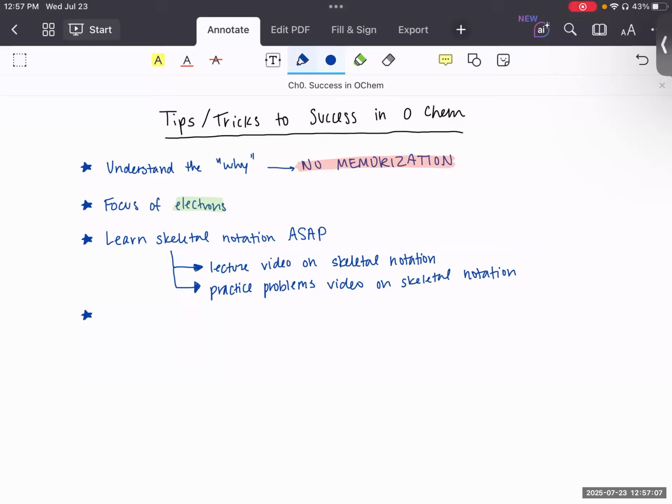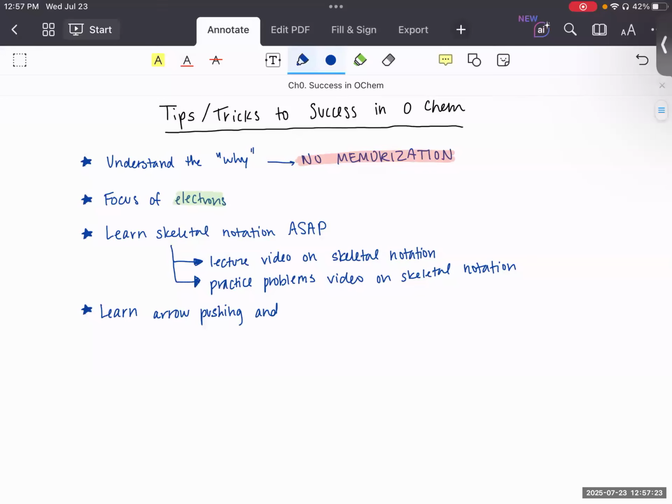All right, the next one is going to be to learn arrow pushing and resonance structures. I recommend doing this after you're familiar with skeletal notation. Arrow pushing and resonance is the focus of organic chemistry.